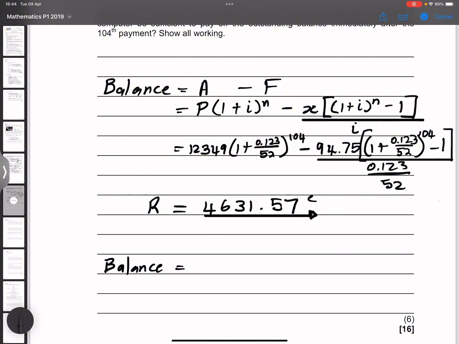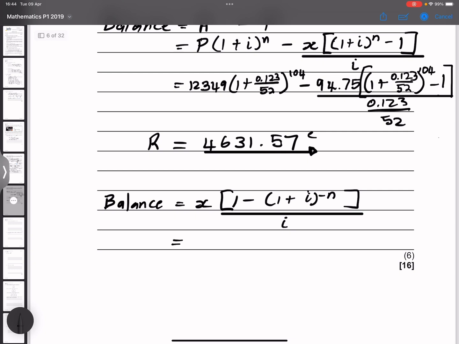So I'm going to say, well, it's x into 1 minus (1 plus i) to the power of minus n, over i, right? So I'm going to try and see if that gives us exactly the same answer. So that's 94.75, okay? And now, let's do this.